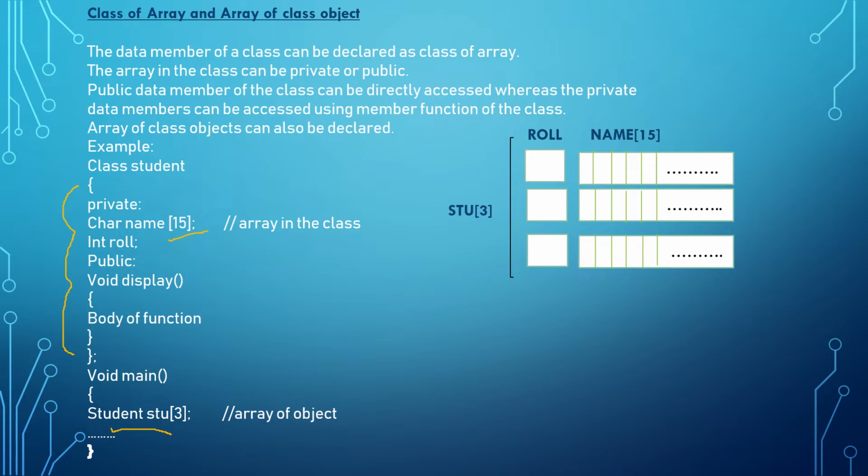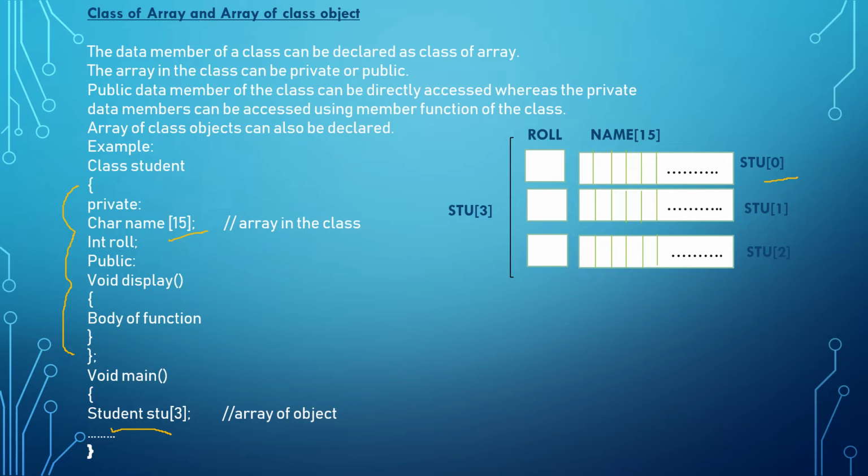So how will we access it? If we directly want to access, if it were public, then it would go for stu, with the first location indexing starting from 0, then 1 and then 2.